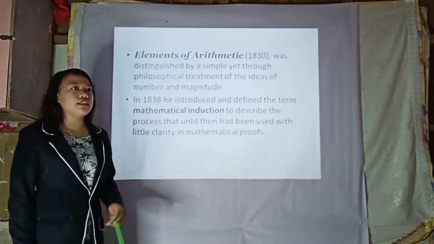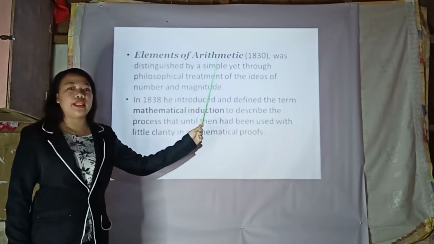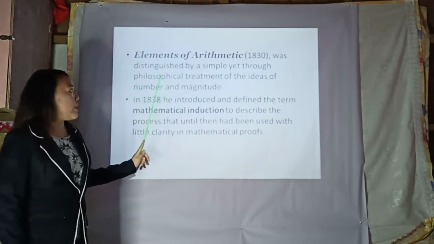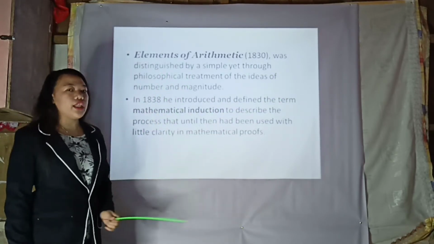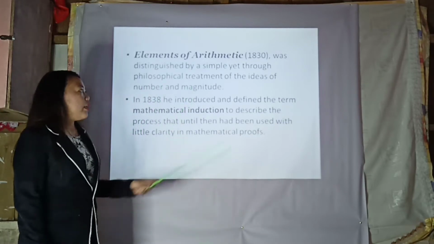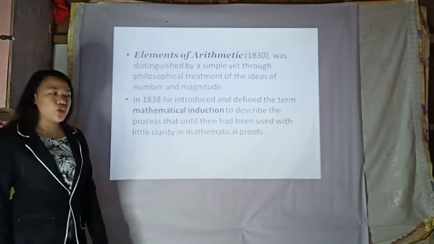Augustus de Morgan's first work was Elements of Arithmetic, which in 1830 was distinguished by a simple yet true philosophical treatment of the ideas of number and magnitude.